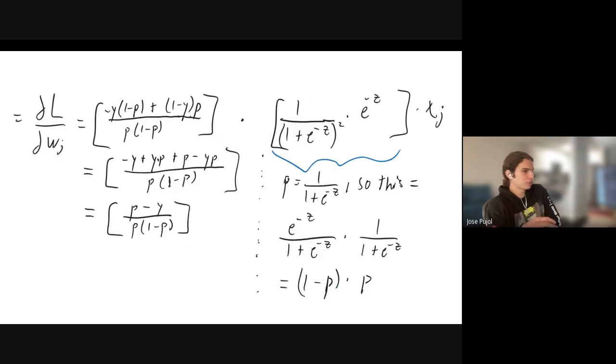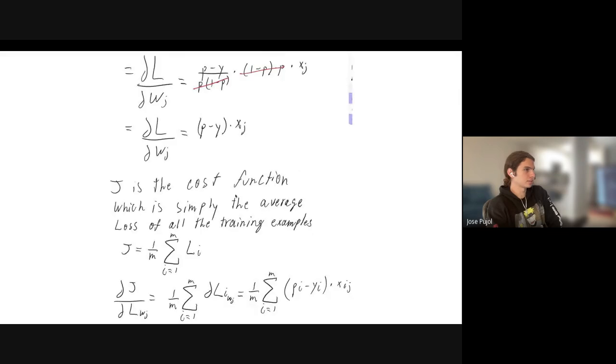This is just me simplifying a little bit. I'm just finding a common denominator and then rewriting this. You can actually rewrite this to be (1 minus p) times p. I'll let you take a look at that afterwards.